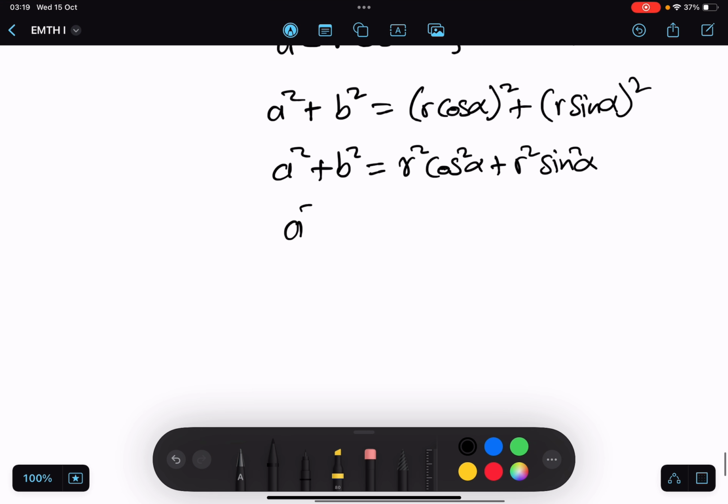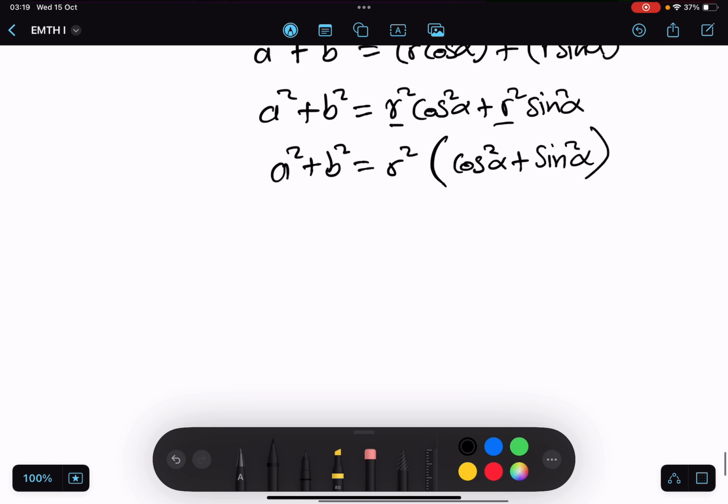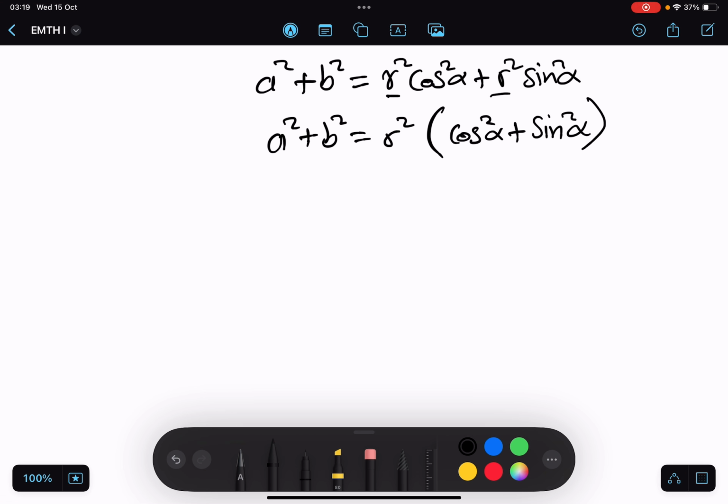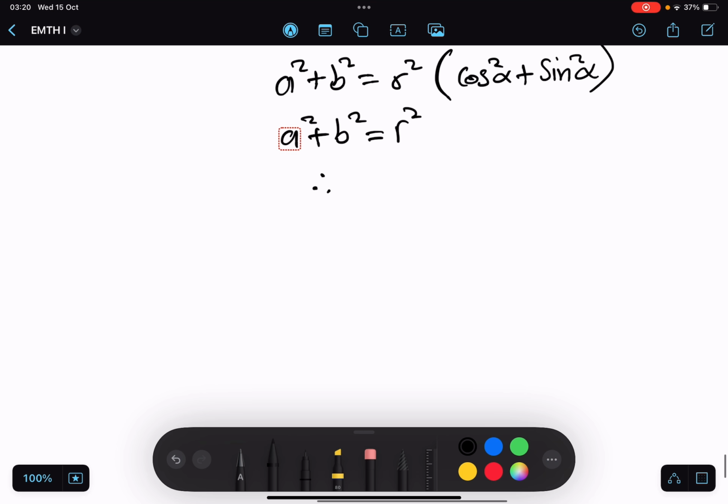Factor out r squared, you're going to have cos squared alpha plus sine squared alpha, and then you know the identity, cos squared plus sine squared is 1. So we have a squared plus b squared is equal to r squared, which means now we can represent r in terms of a and b. So r is equal to root of a squared plus b squared.